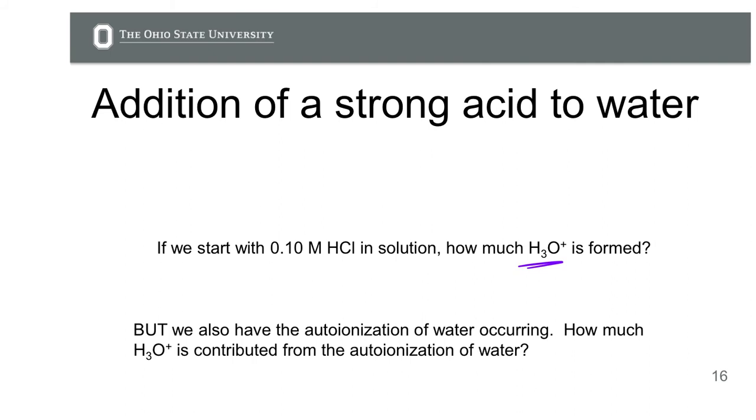H3O plus is fine. 0.1 molar, right? So for every HCl that you put in solution, you get an H plus, which we are considering to be H plus, right? If we also consider that autoionization of water, that concentration is going to be actually less than 1 times 10 to the minus 7, okay? So we're going to ignore that.